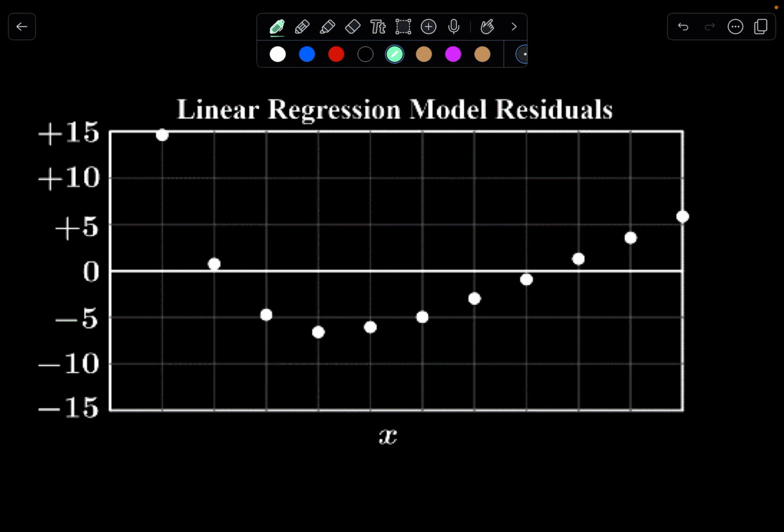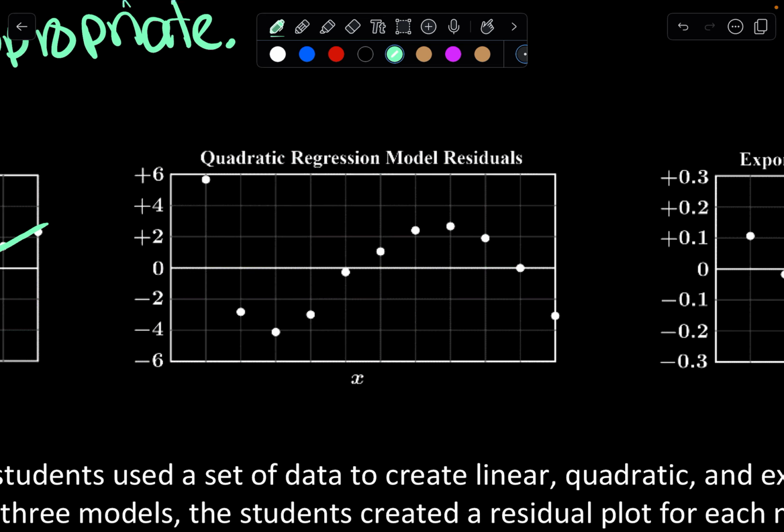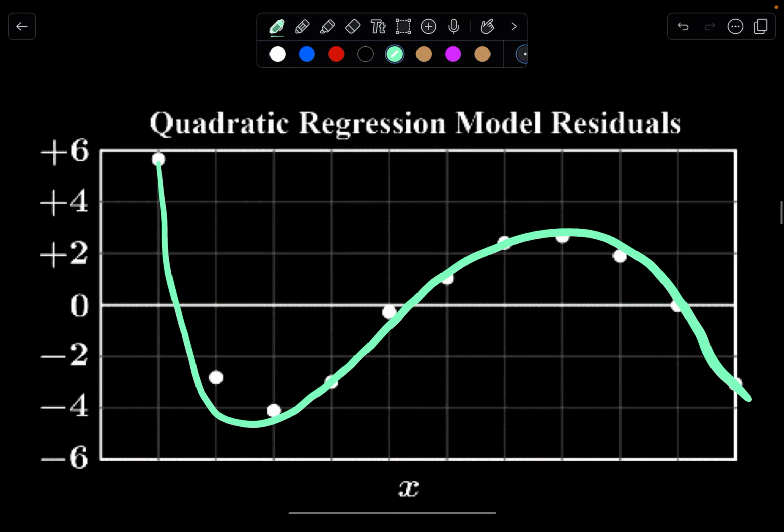If we look at the residual plot for the linear regression model, we can see that there is a pattern with the data. So this means there is a model that would fit this better than the linear regression model. We can see another pattern with the quadratic. Now, it could be any type of curve. We don't know exactly what model would fit it best, but we know that it's not going to be the quadratic.